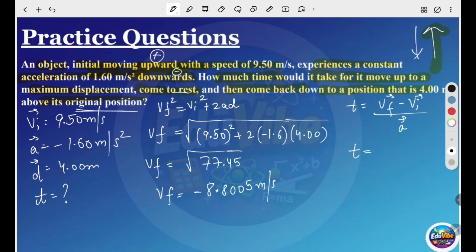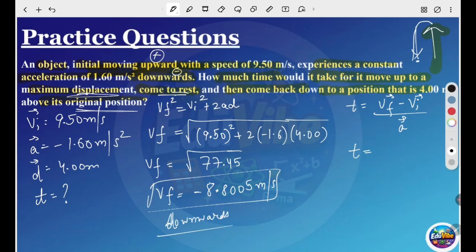They mentioned that it comes to maximum displacement, then comes to rest over there, and then again comes back to its original position. When it goes to the original position, it goes downwards. So the final velocity is downwards. If downwards is negative, we have to get this in negative. If you want, you can write over there that this was in downward direction.